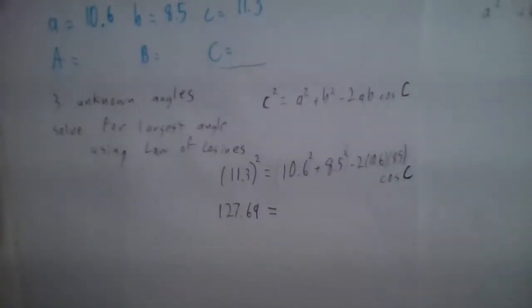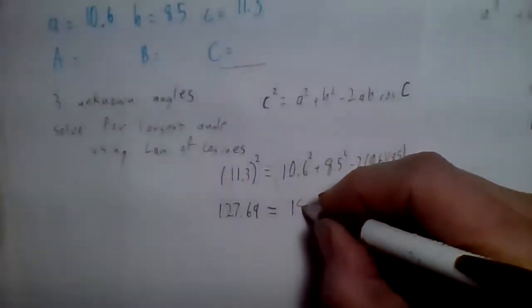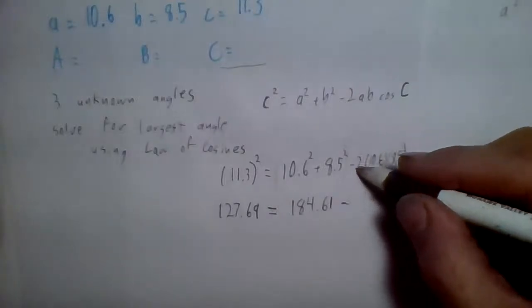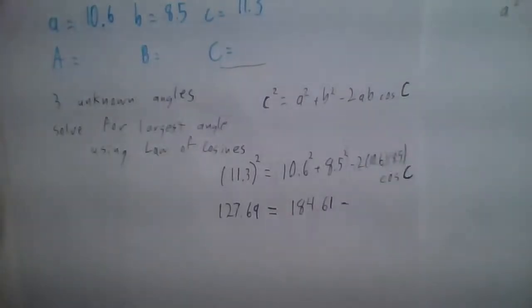But 10.6 squared plus 8.5 squared, I'm going to put that together. Those two terms, that comes out 184.61. And then I have the subtraction here. I'm going to do this multiplying. 2 times 10.6 times 8.5. It's 180.2.